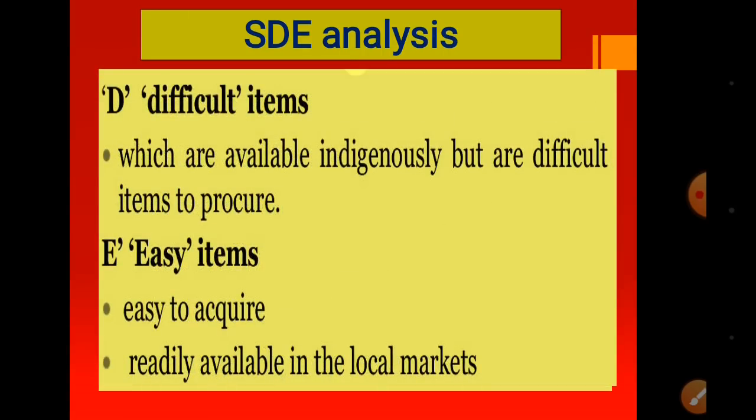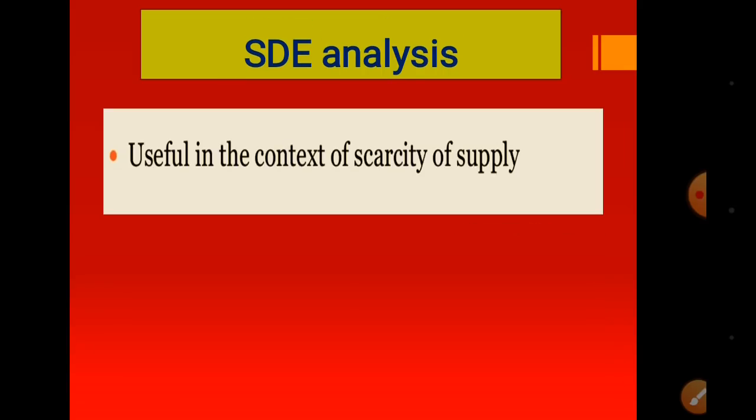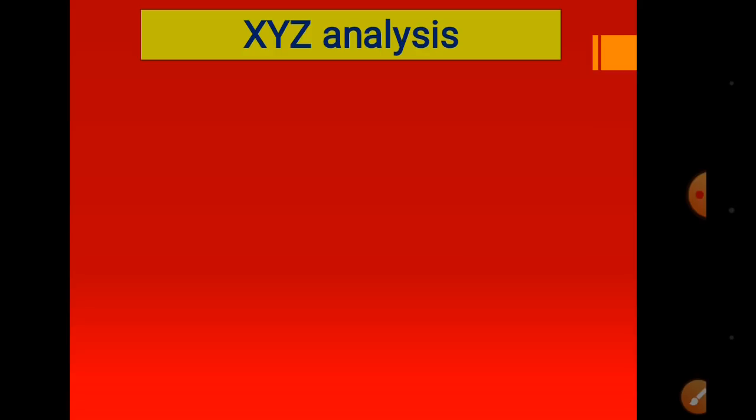D, difficult items, are available indigenously but are difficult to procure. E, easy items, are easy to acquire and readily available in the local markets. It is useful in the context of scarcity of supply.